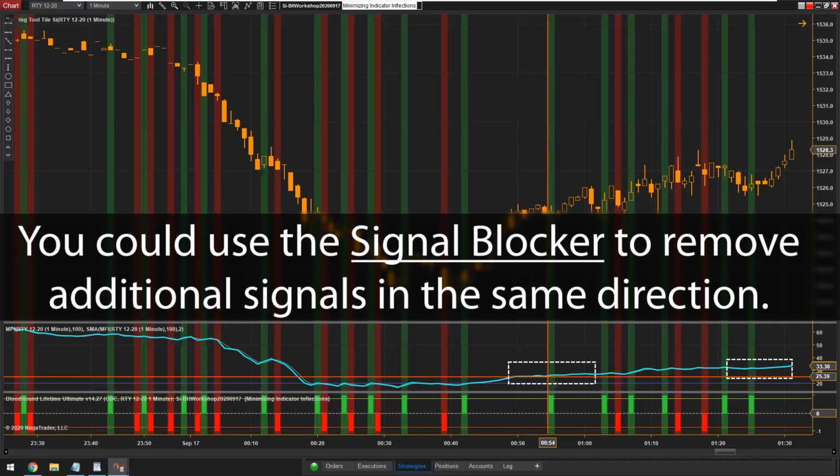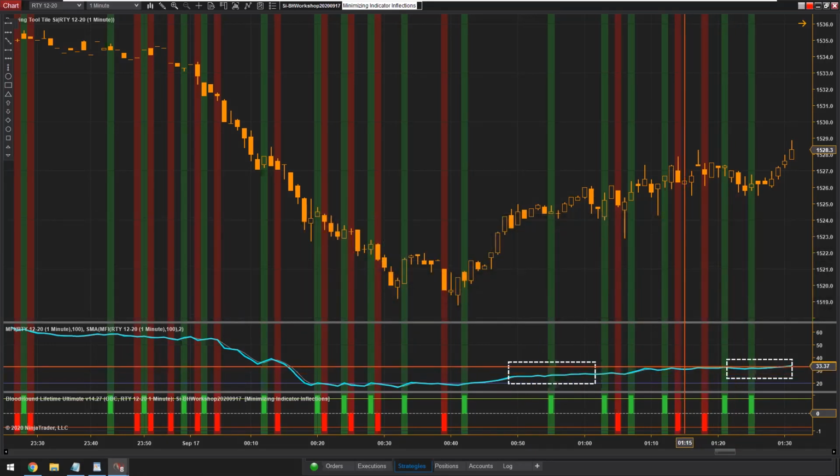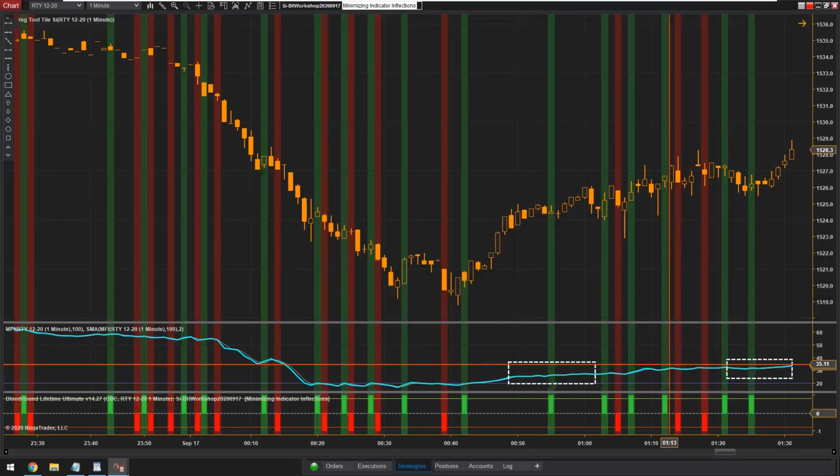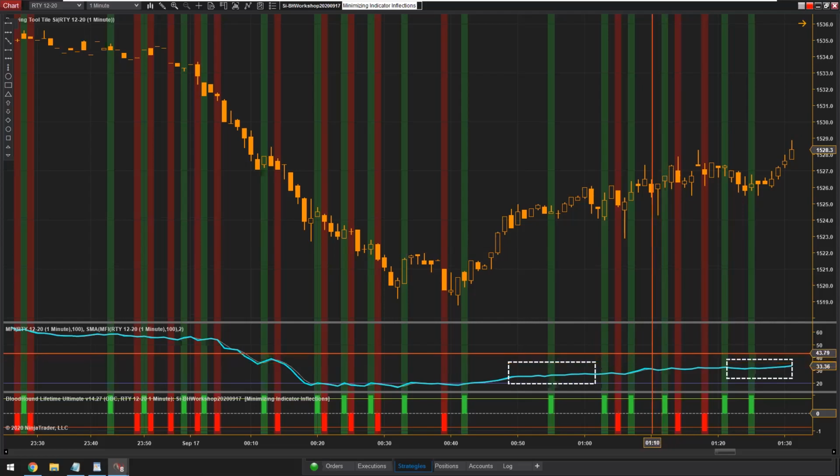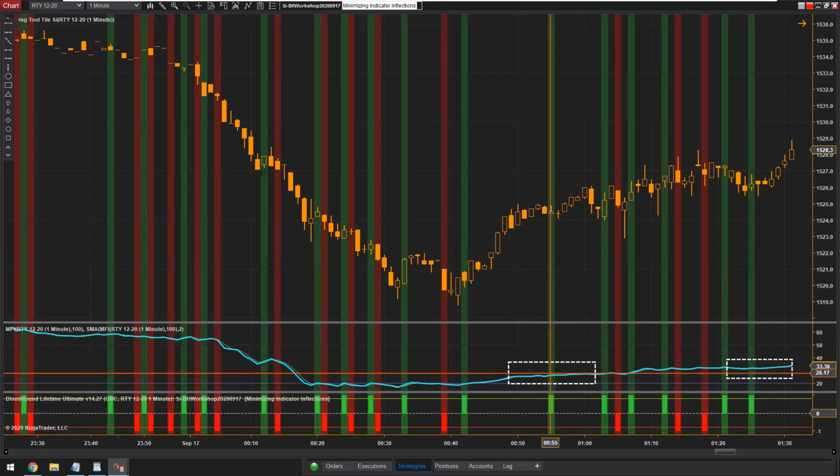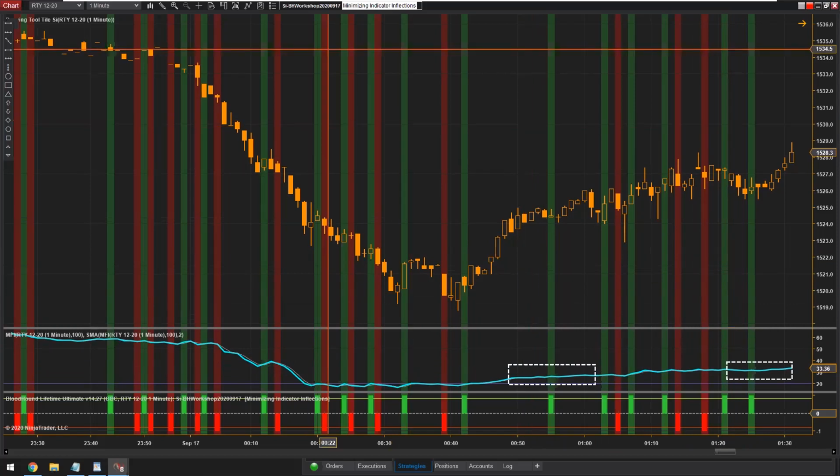But this is probably going to work for most system ideas here. So as we can see, it's not perfect, but it is an alternate solution to minimizing all of these inflection points here.